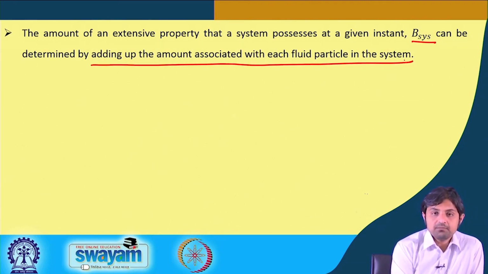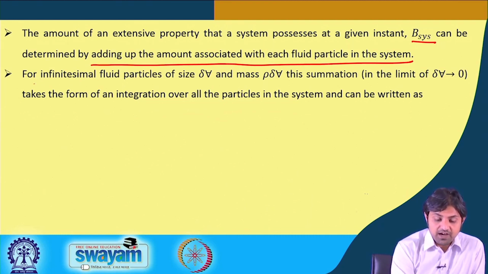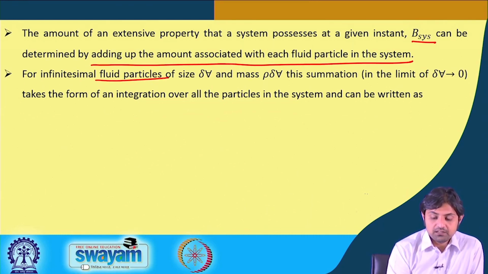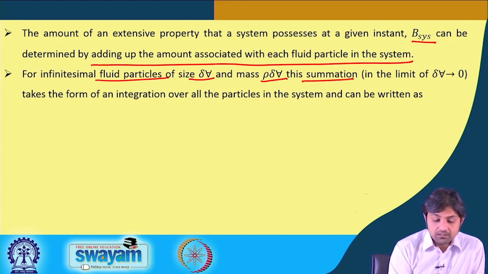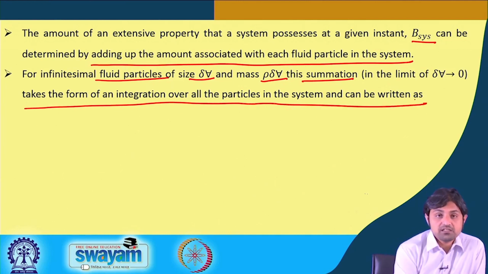B system can be calculated by summing up the capital B of each particle. For infinitesimal fluid particles of size delta V and mass rho delta V, this summation takes the form of an integration over all the particles in the system.